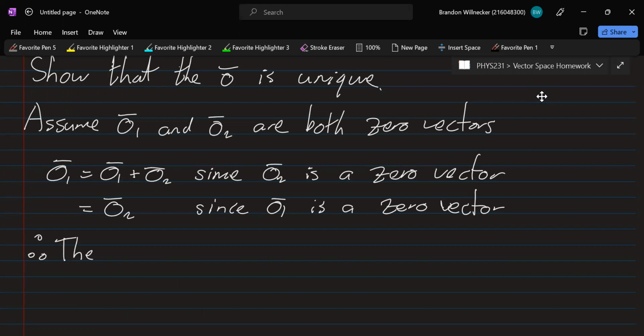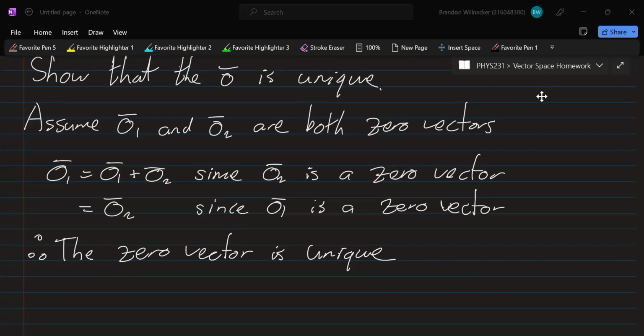Therefore, the zero vector is unique. Okay, so this is a standard proof for proving uniqueness. You assume there's 2, show that they're equal, so there must only be 1.